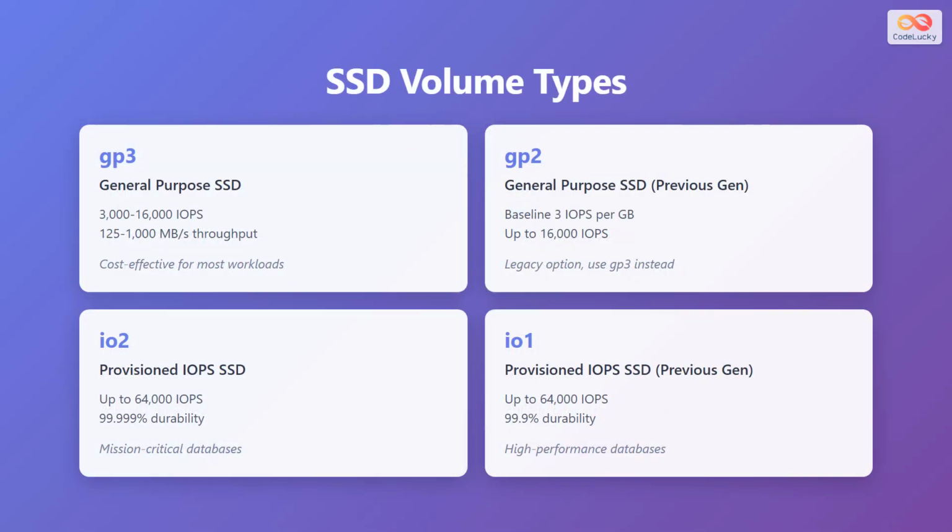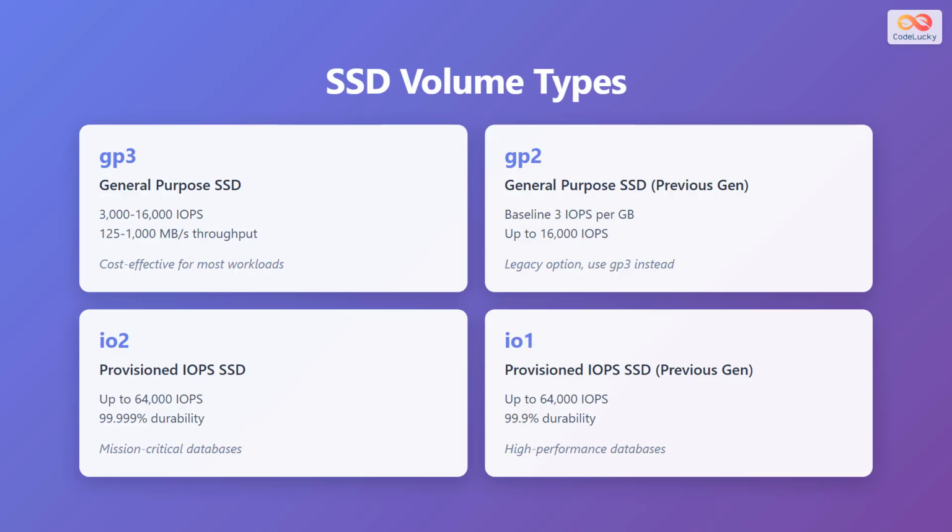EBS offers different SSD volume types to match your performance needs. GP3 is the latest general-purpose SSD, providing 3,000 to 16,000 IOPS and throughput up to 1,000 megabytes per second. It's cost-effective and suitable for most workloads. GP2 is the previous generation general-purpose SSD, offering a baseline of 3 IOPS per gigabyte, but GP3 is now the recommended choice.